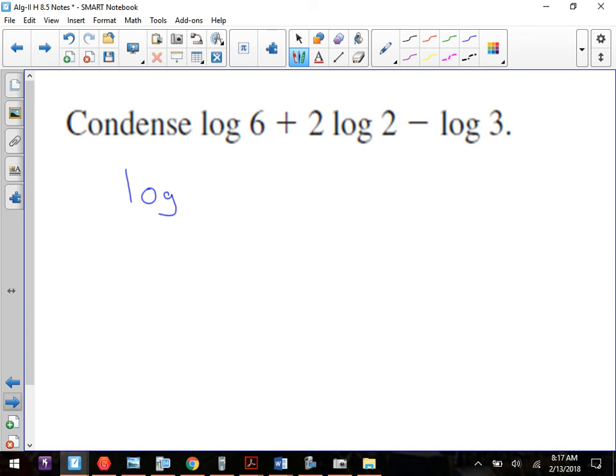There's a fraction in here somewhere. My numerator is 6 times what? 6 times 2 squared, which you wrote 4, is all right. And then you're dividing that by what? 3, okay?